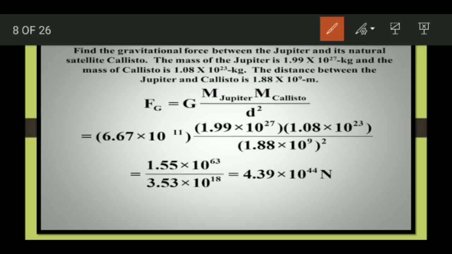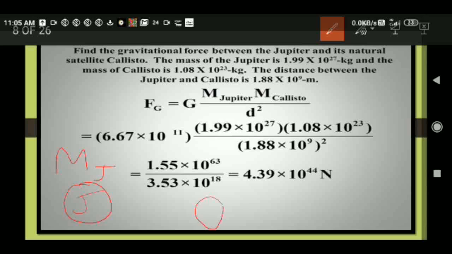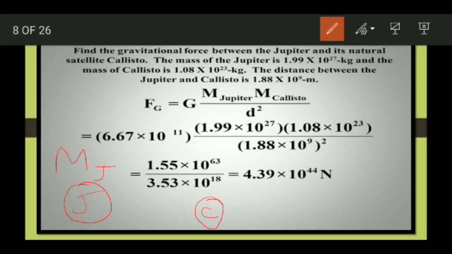Here we have been given Jupiter as a planet, and its mass we take as mj. We have also been given its natural satellite, the moon of Jupiter, Callisto, and say the mass of Callisto is mc. The distance between Jupiter and Callisto we take as small d.